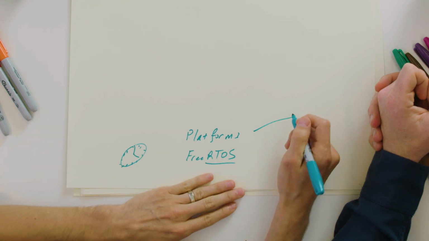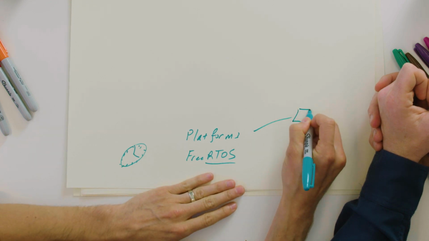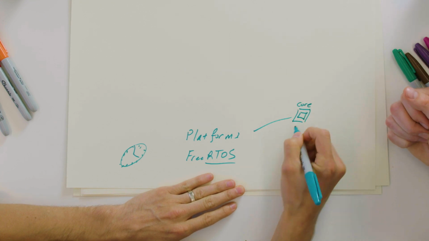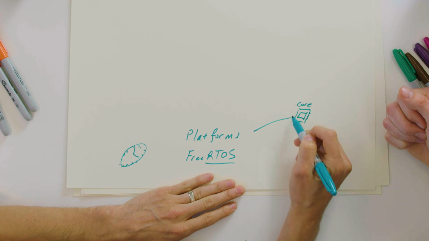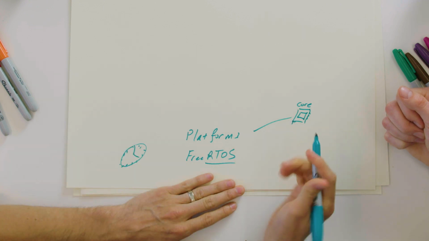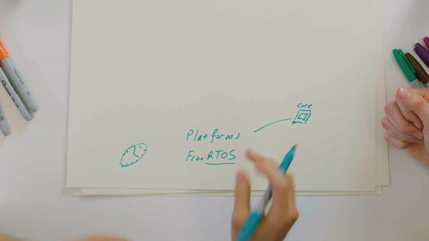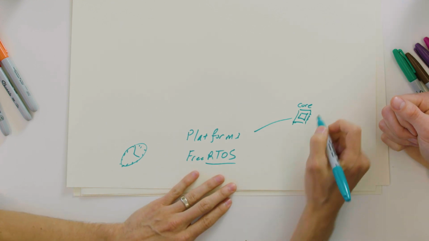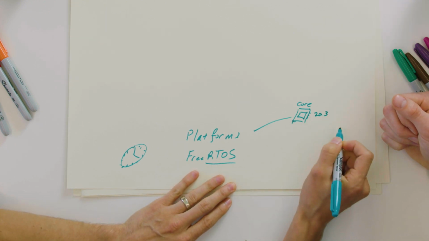So we support a bunch of different hardware. We first released back in the day something we called the core, the Spark core. All these devices look roughly the same, a little circuit board with a module on it and some pins. That was back in 2013 that we shipped that.